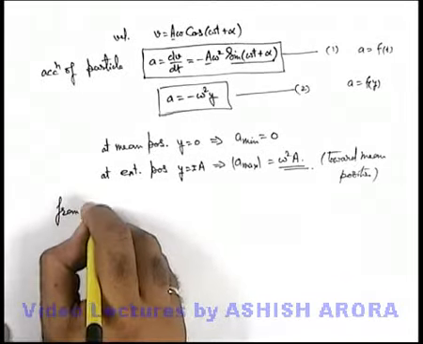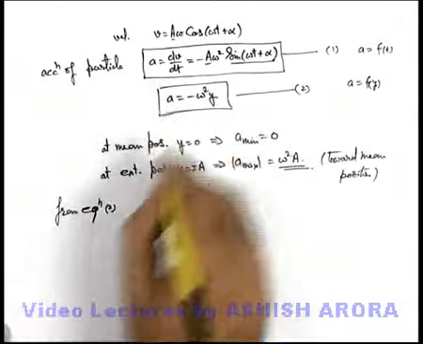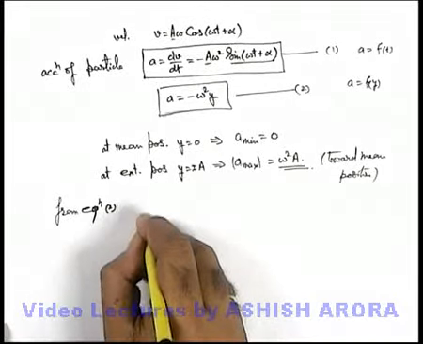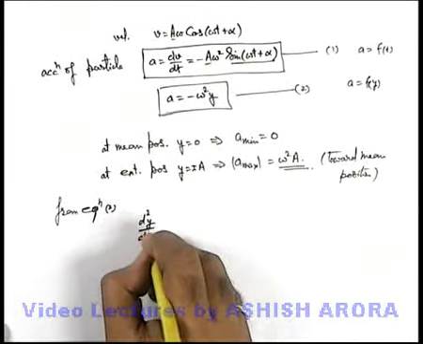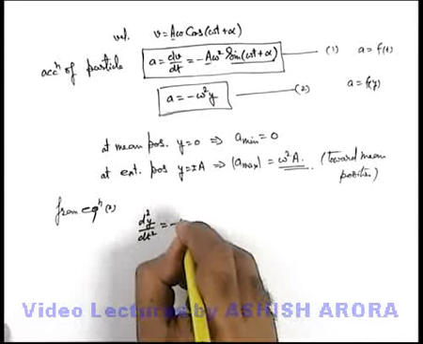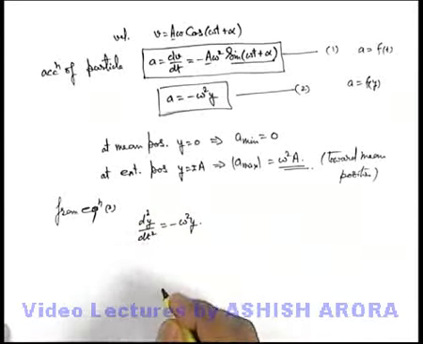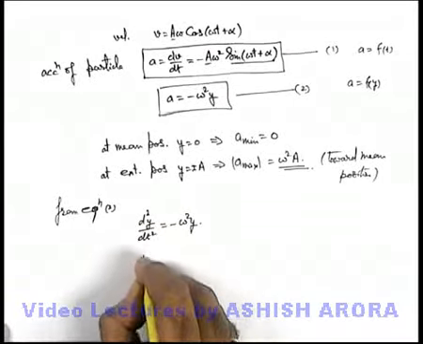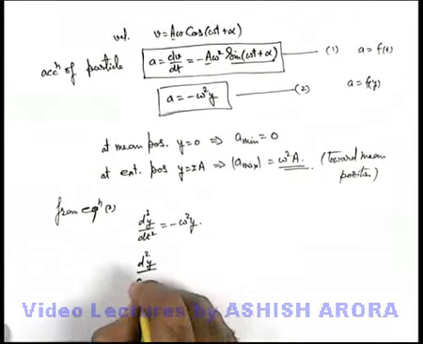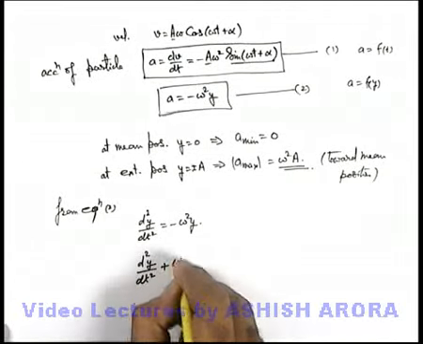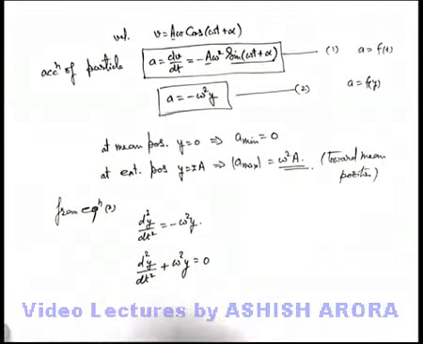Now from equation 2, if we just rewrite it as d square y by dt square equals minus omega square y, then it can be rearranged as d square y by dt square plus omega square y equals 0.